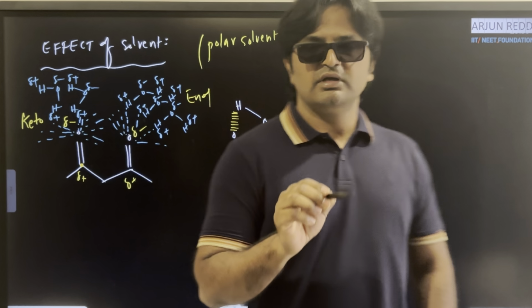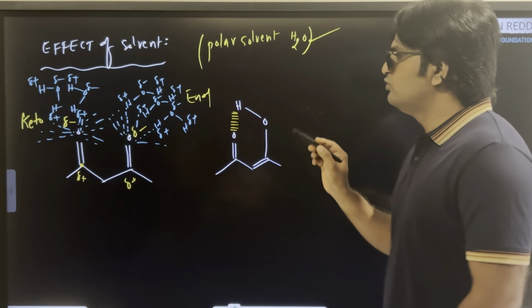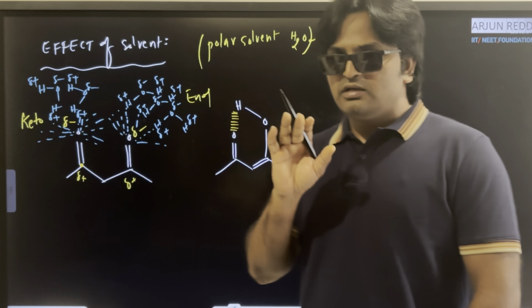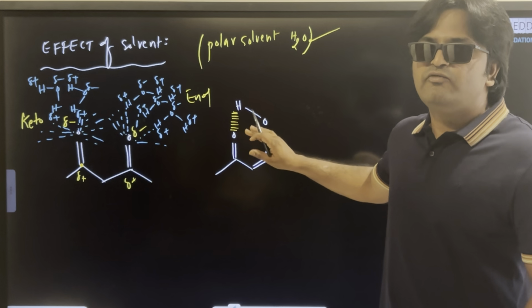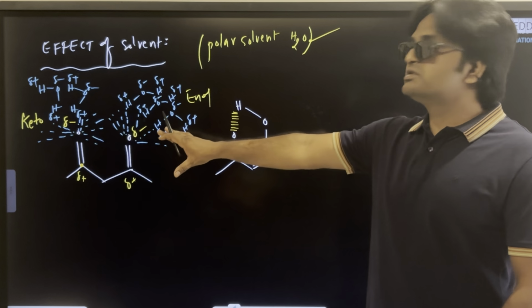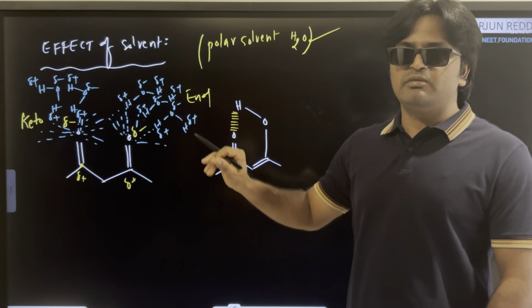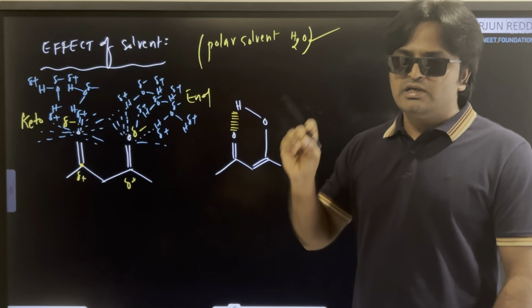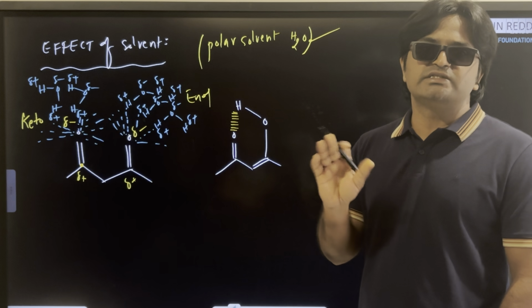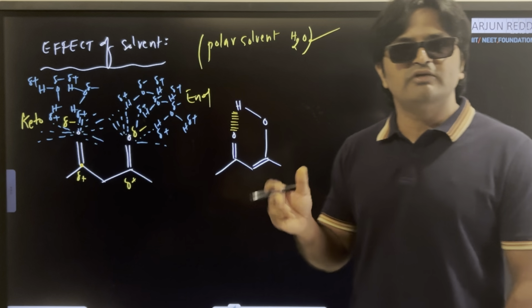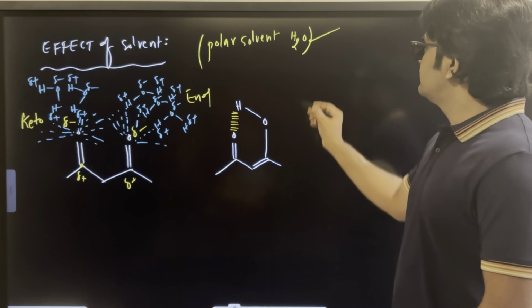But in the enol form, there are no free carbonyls, whereas in the keto form, yes, there are free carbonyls. This is a very important point. The solvent effect changes the percentages of keto and enol form at equilibrium in the presence of a polar solvent.